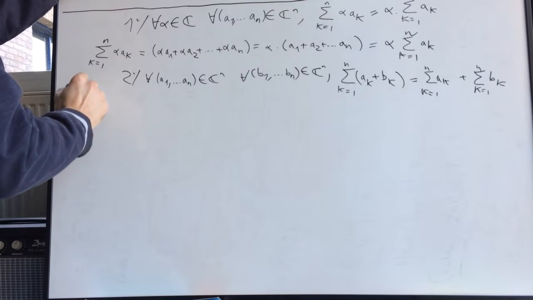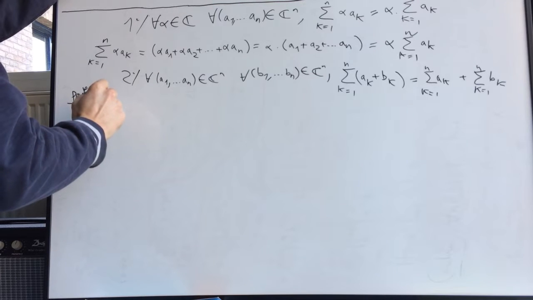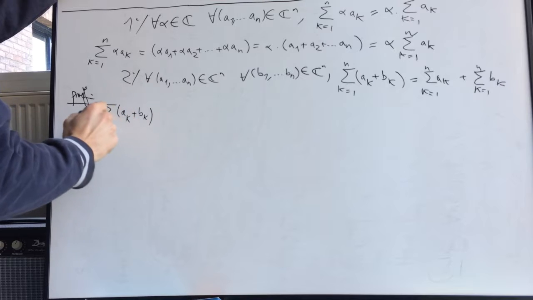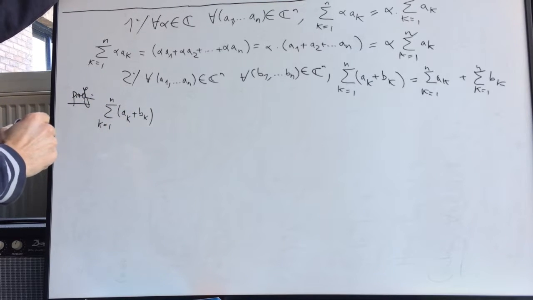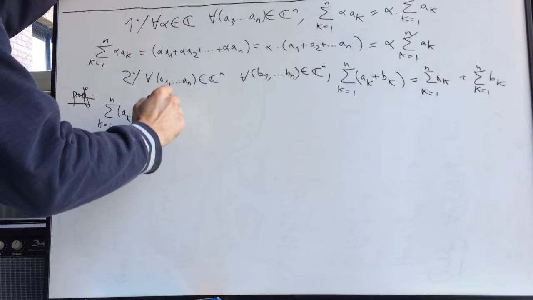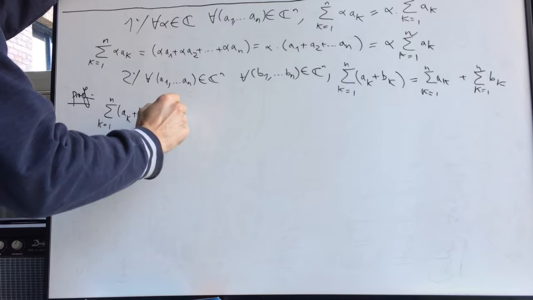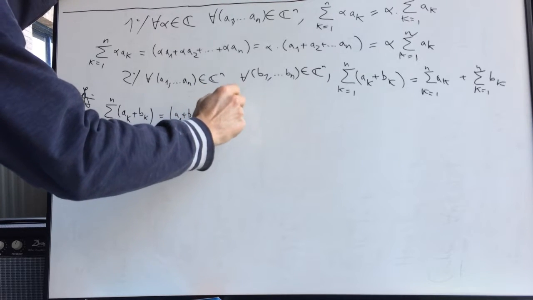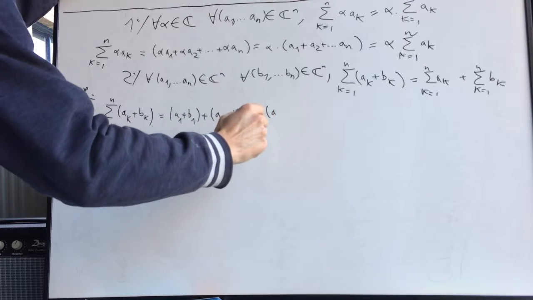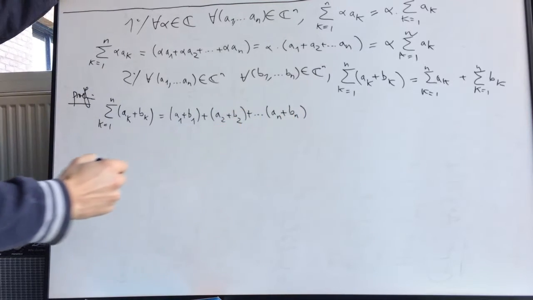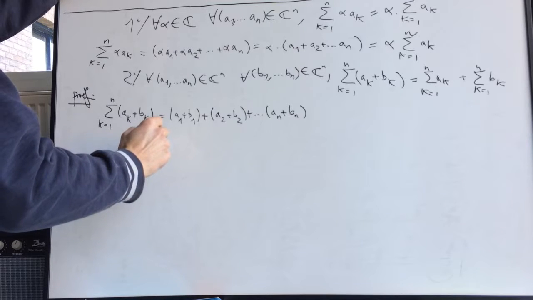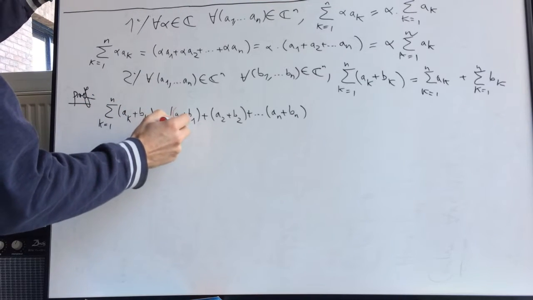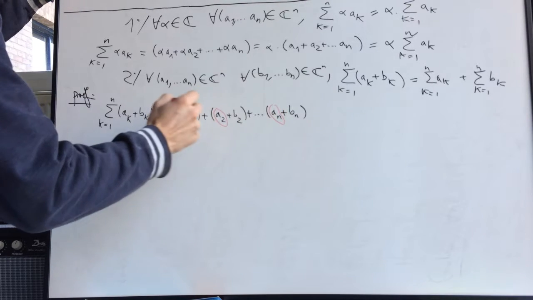The proof: the summation of a sub k plus b sub k, k equals 1 to n, is equal to the sum of a sub 1 plus b sub 1 plus a sub 2 plus b sub 2 plus and so on, a sub n plus b sub n, is equal to, we can gather all the terms like a sub k.